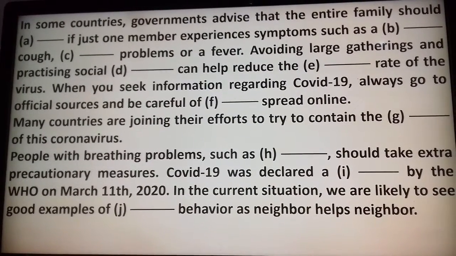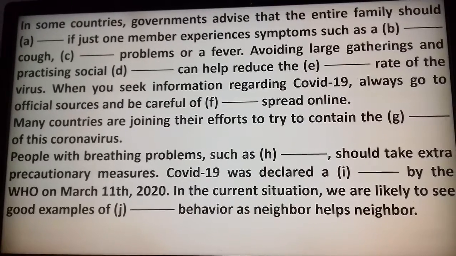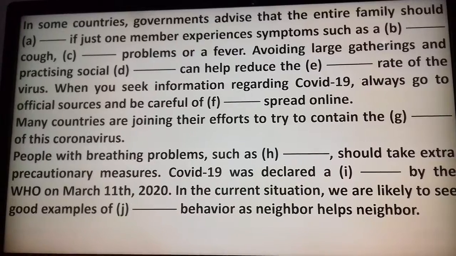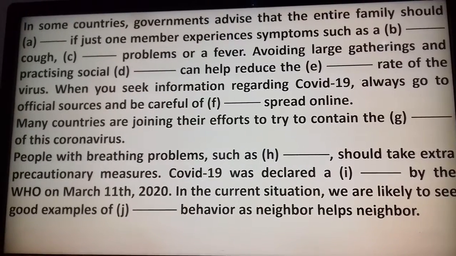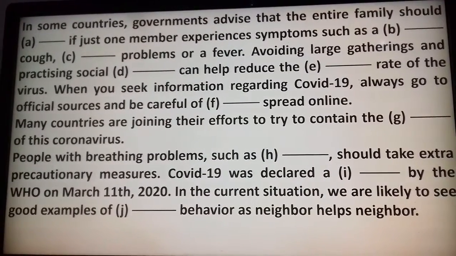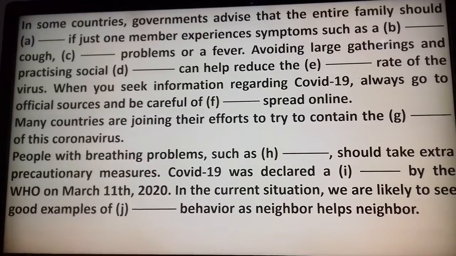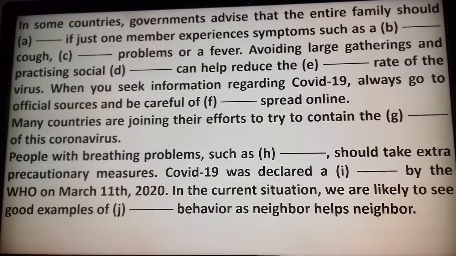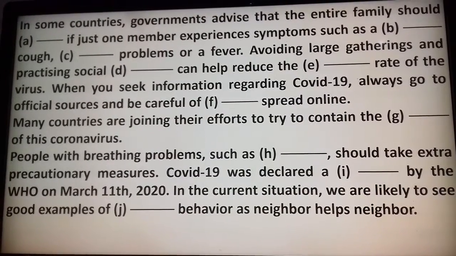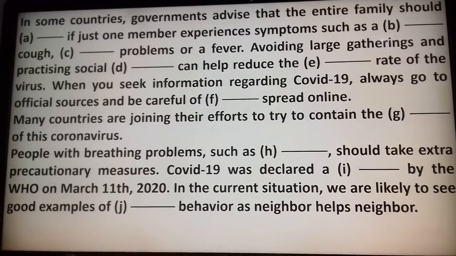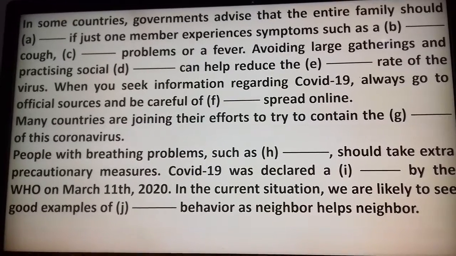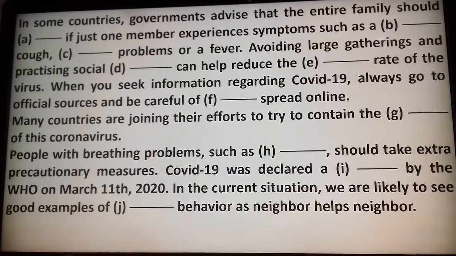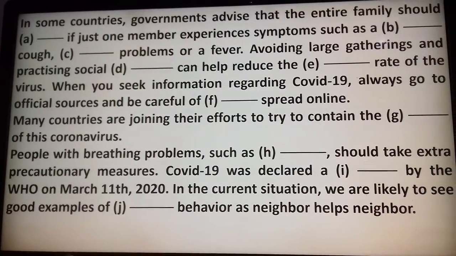Many countries are joining their efforts to try to contain the of this virus, coronavirus. So people with breathing problems such as should take extra precautionary measures. Okay, COVID-19 was declared by the WHO, World Health Organization, on March 11th, 2020. So in the current situation, we are likely to see good examples of behavior as neighbor help neighbor.